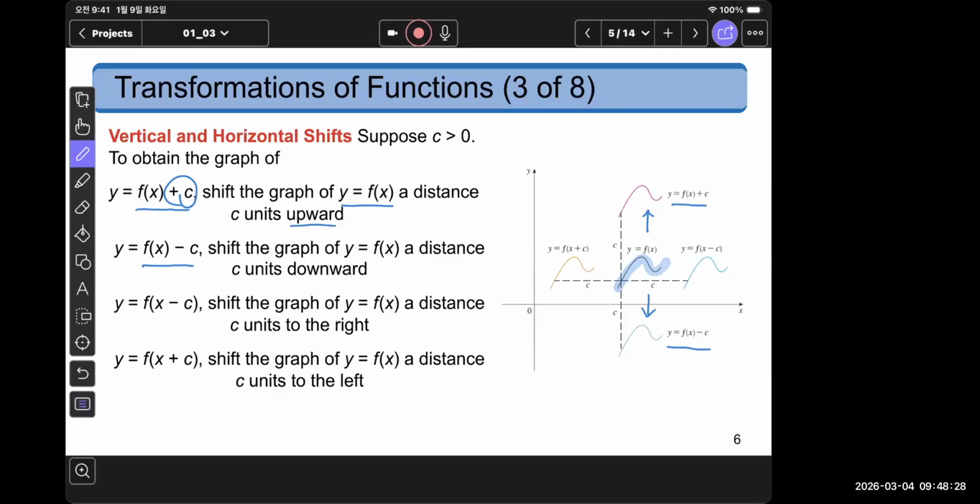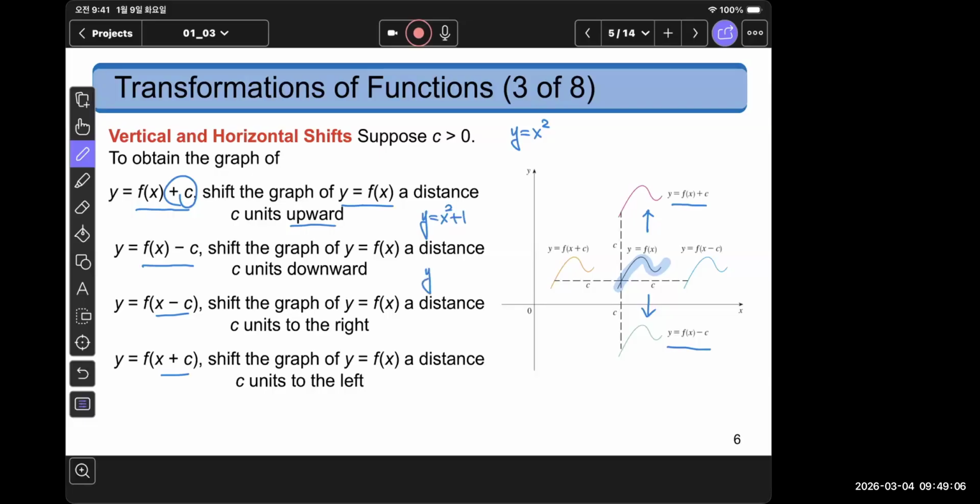Sometimes, instead of adding or subtracting some number, x is replaced by x minus c or x plus c in f. In that case, suppose that I have the graph of y equals x squared. And if I want to draw the graph of x squared plus 1, you need to shift the graph upward by 1 unit.